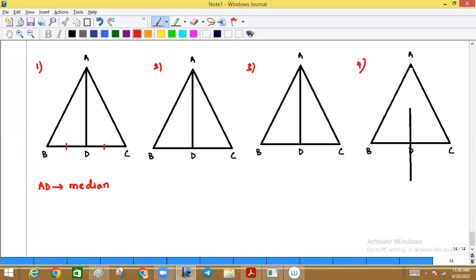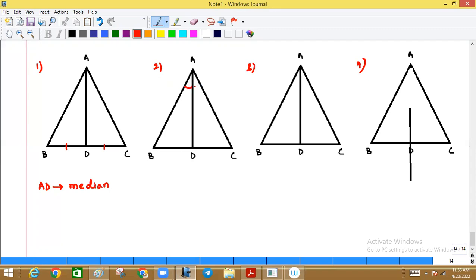A line which is dividing the opposite side into two equal parts is called what? Median. So what is D here? Equal parts, so D is the midpoint. Yes or no? D is the midpoint. So AD is called what? Median. A line joining the vertex to the midpoint of the opposite side is called a median.